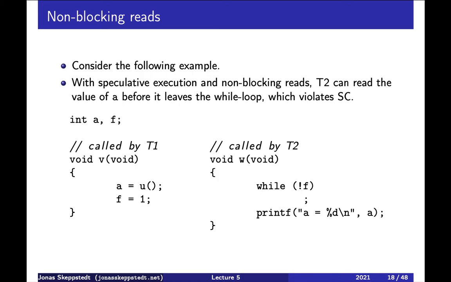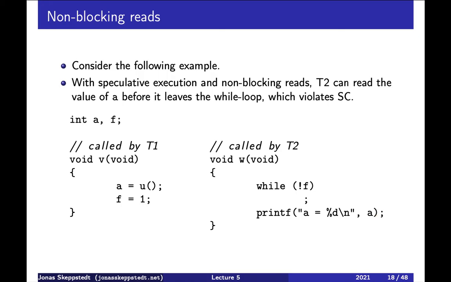Okay, so let's see what happens. Here we have two ints, and this thread computes something, and then it writes 1 to this F. And this waits until F becomes true. Okay, so then it leaves the loop and prints the value of A.